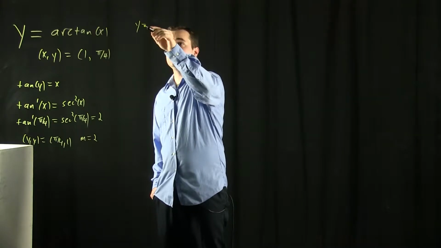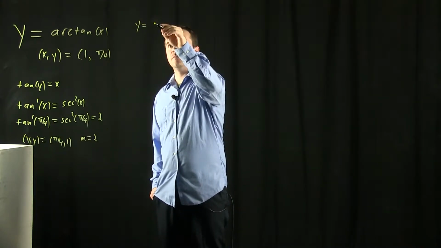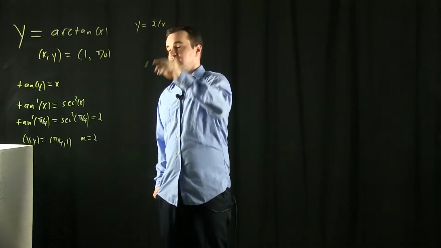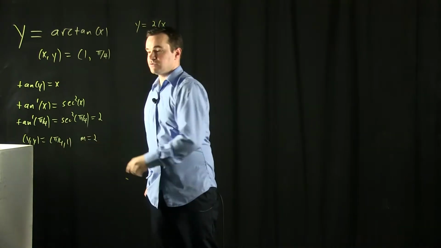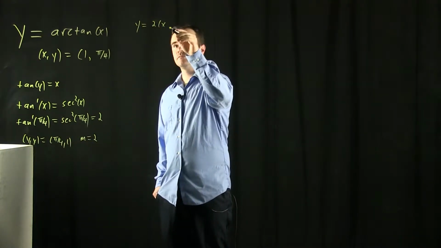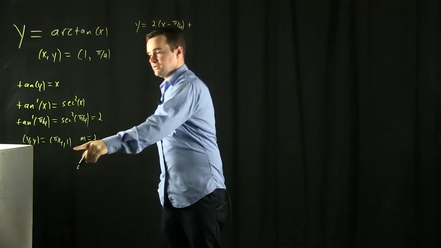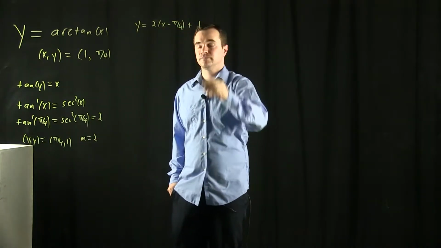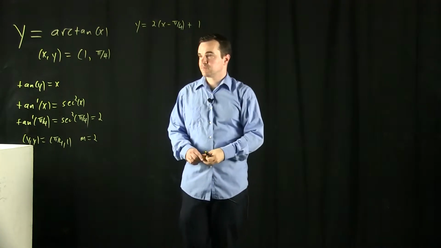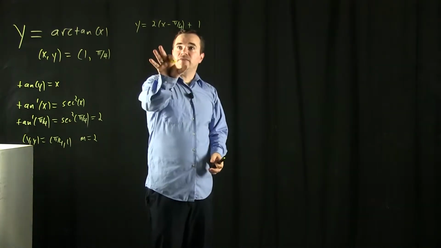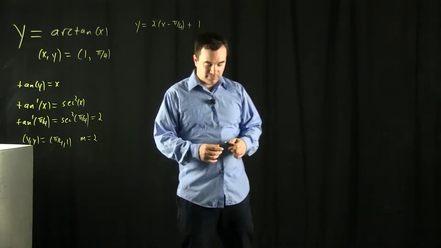The formula you'd use is y equals slope times x minus your first coordinate, plus your second coordinate. And there's the tangent line.